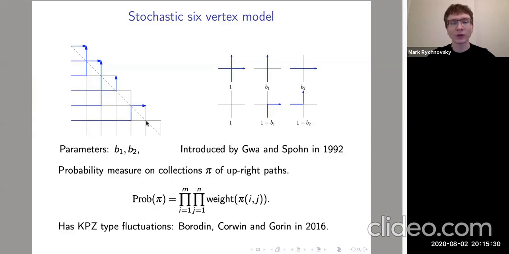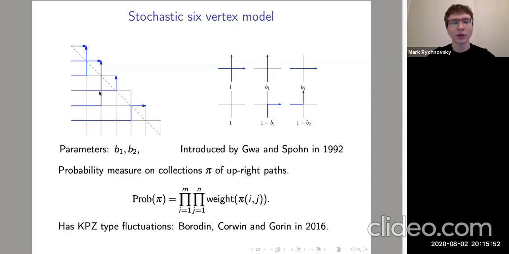No paths enter from below and to the left. So this is the only possibility. No paths enter, no paths leave. Next, we look at this vertex. One path enters from below, so we choose between these two possibilities. We flip a coin with probability B1, and we end up getting this possibility.